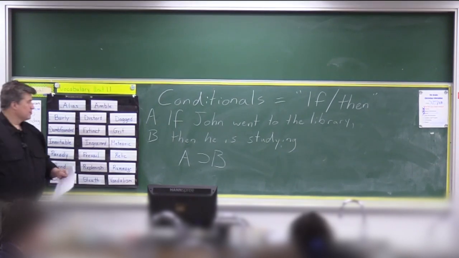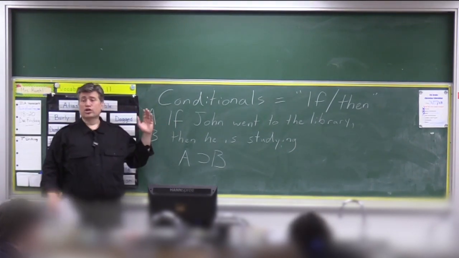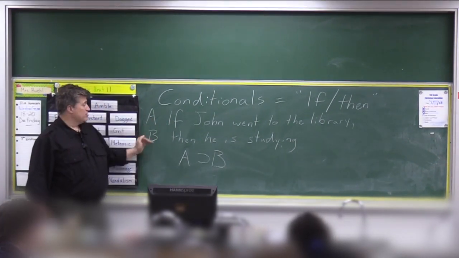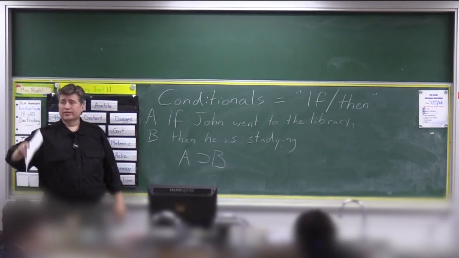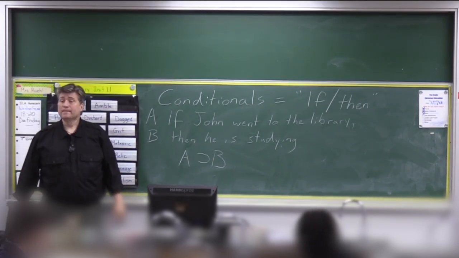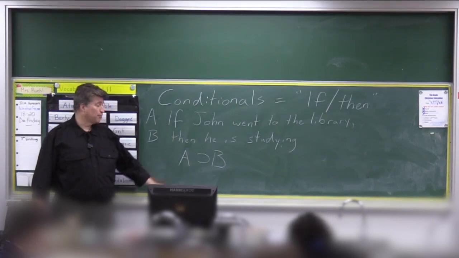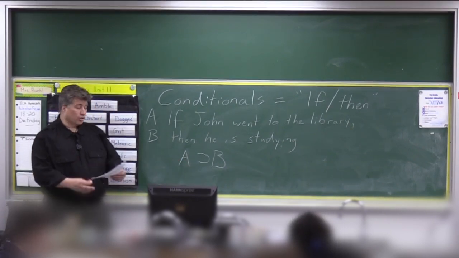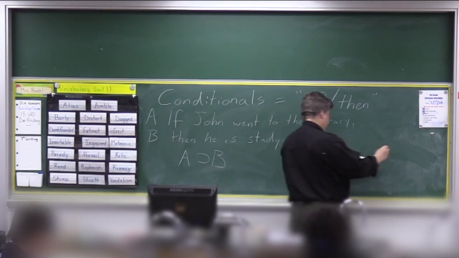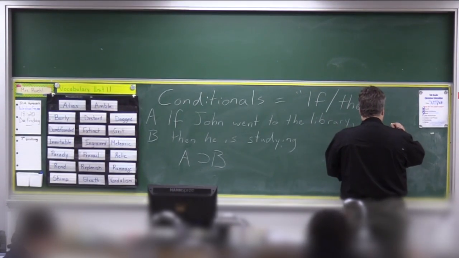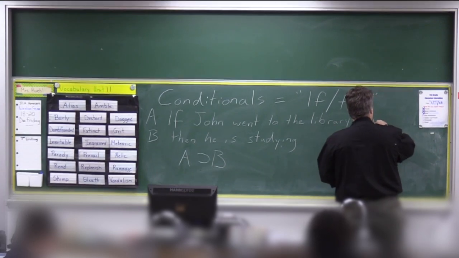Now, we also have terms for each of these, the A and B. What does the symbol mean? The symbol means if-then. You put it in between what's called your antecedent and your consequent.